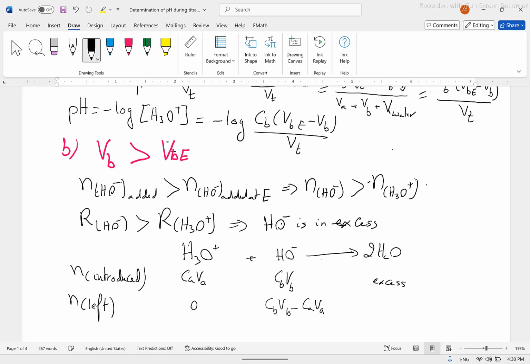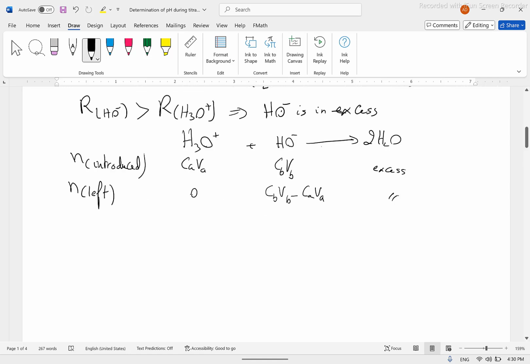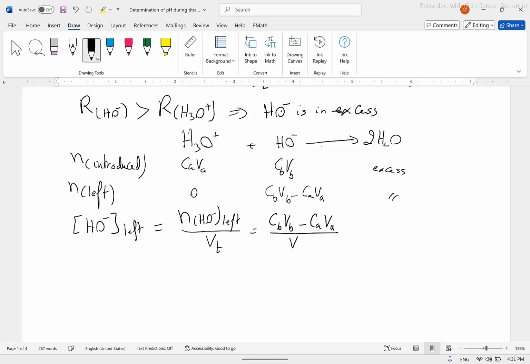Now, the concentration of HO- left equals the number of moles of HO- left over V total, which equals CbVb minus CaVa over V total.